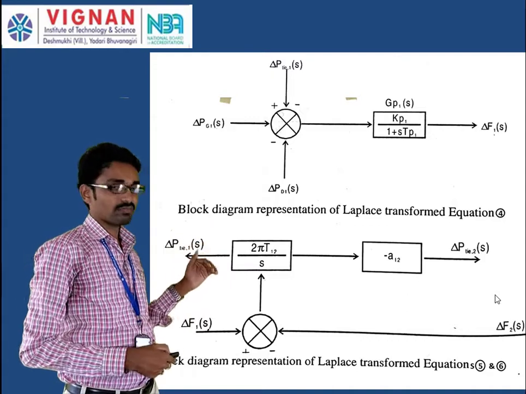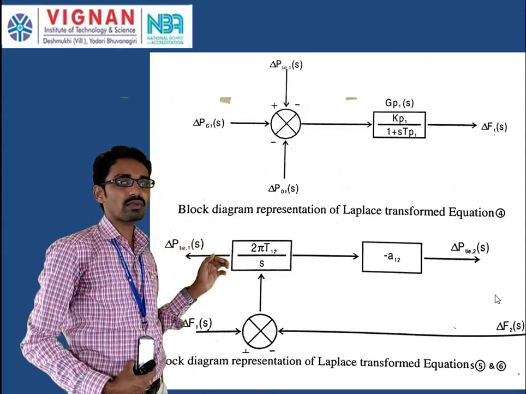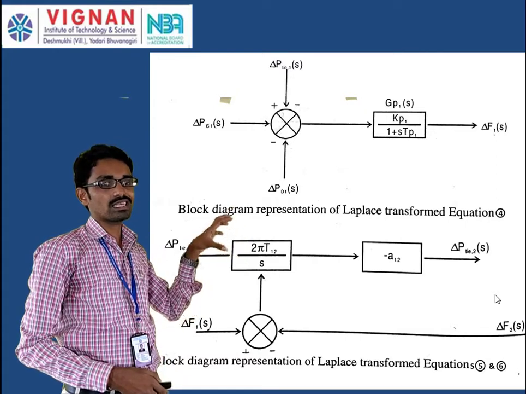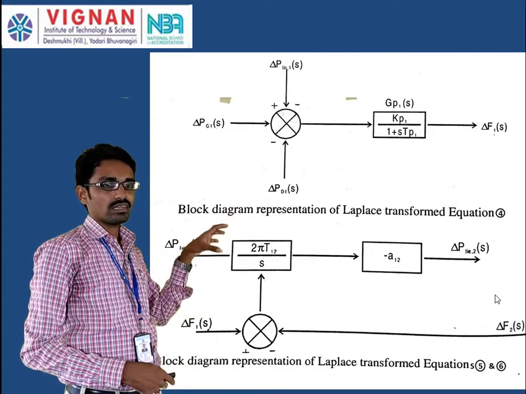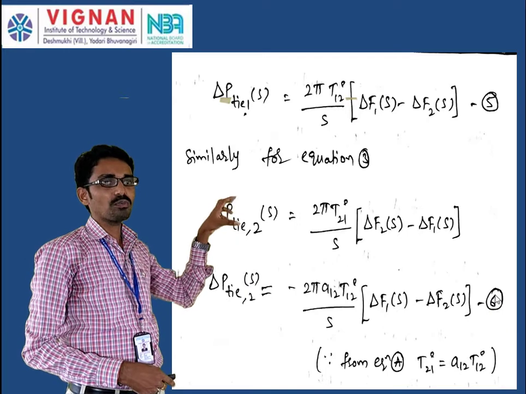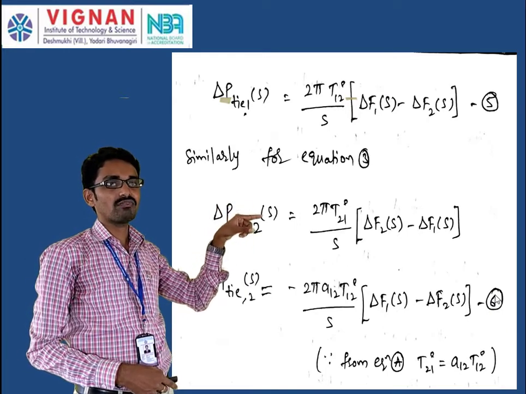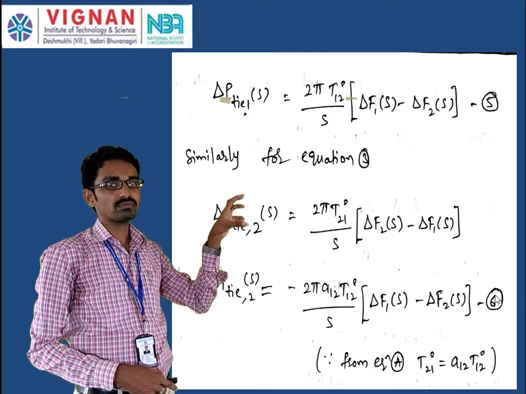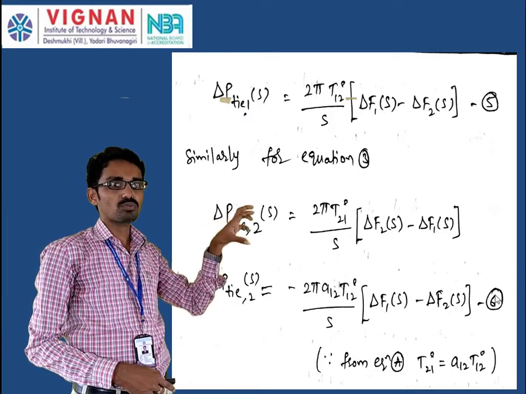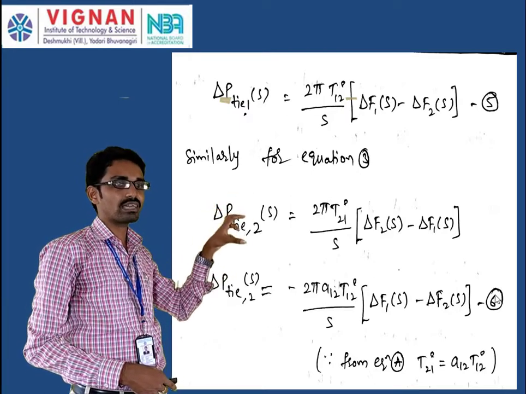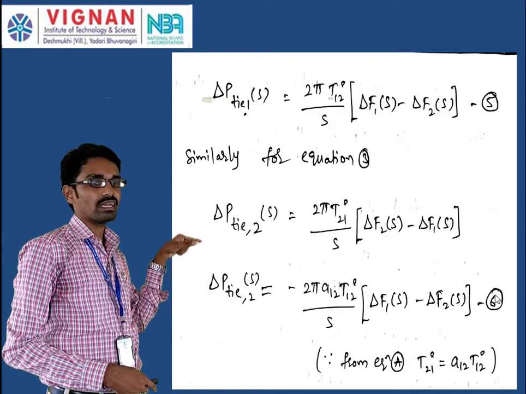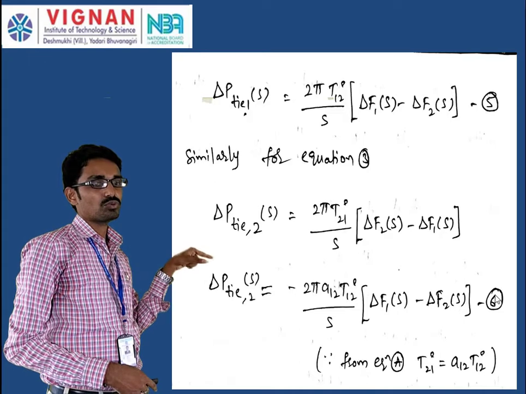Then for equations 5 and 6, we have the transfer function 2 pi T12 by s, with delta F1 of s minus delta F2 of s as the output, and the input is delta P tie1 of s in equation 5. In equation 6 we have delta P tie2 of s.